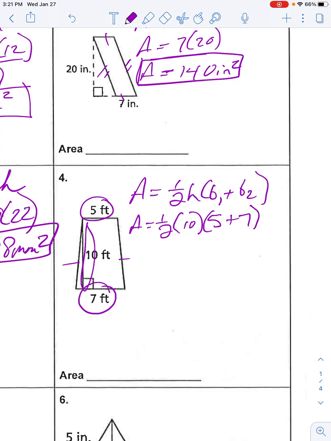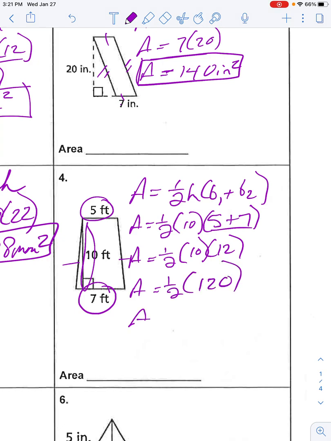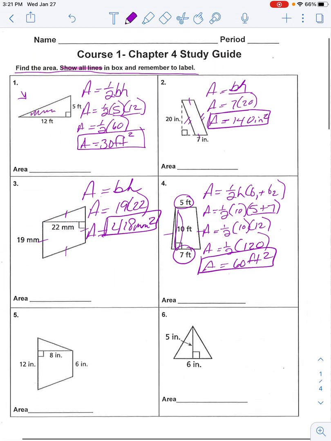The bases are 5 and 7. 5 plus 7 is 12. 10 times 12 is 120. Half of 120, 120 divided by 2, is 60 feet squared.